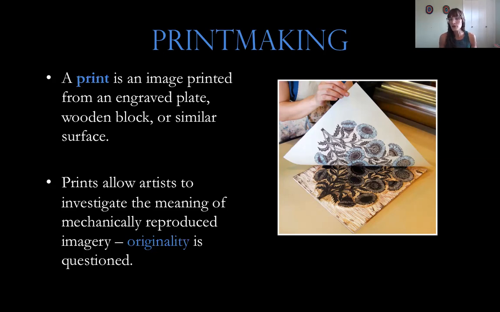So stamps do that, so you can probably understand the process in a very simplified way if you think about that. The other thing about printing is that prints allow artists to investigate the meaning of mechanical reproduction. Printmaking does involve the hand, especially certain types of printmaking. However, it also involves machines and can be done mechanically.